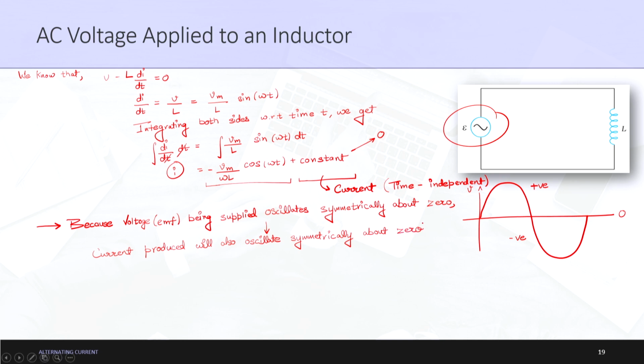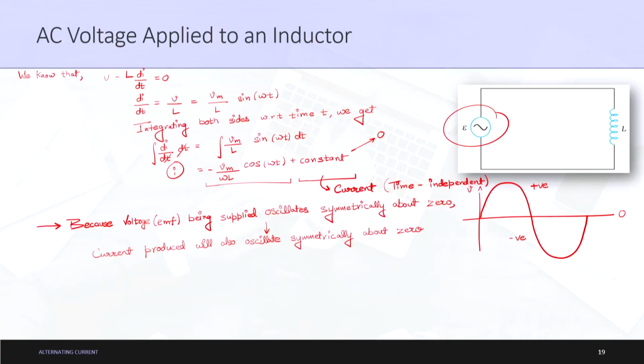Because the voltage being supplied oscillates symmetrically about 0, the current produced will also oscillate symmetrically about 0. That is, the current goes in the positive cycle and then in the negative cycle, and this keeps on repeating, fine. Because this is happening, we can say that there is no constant or time independent component of the current existing.